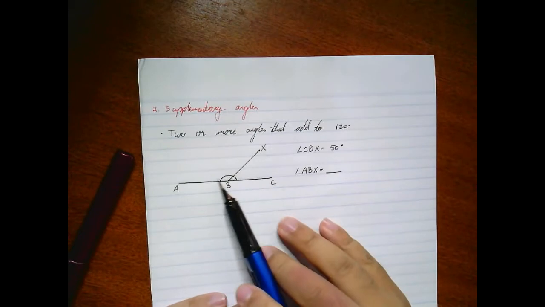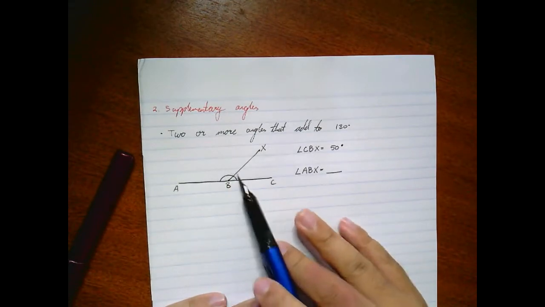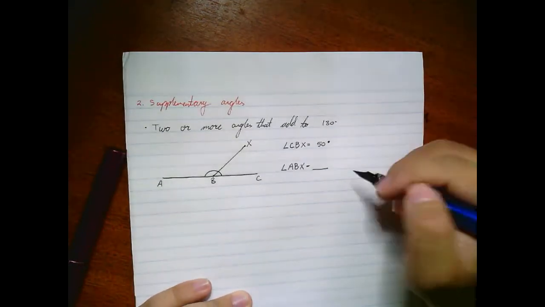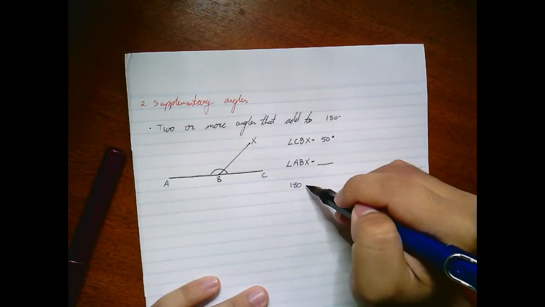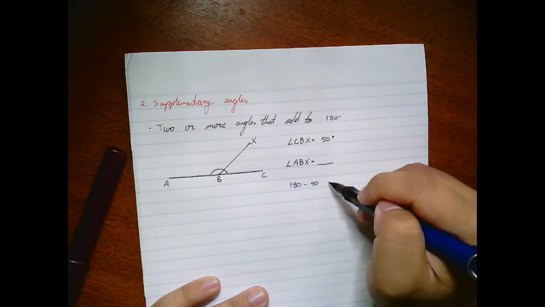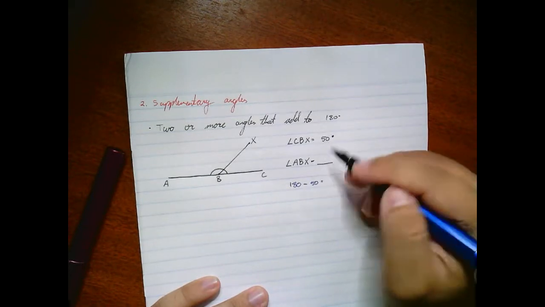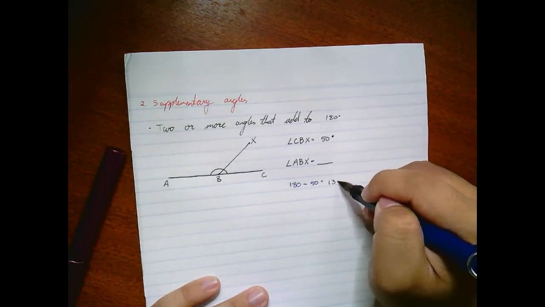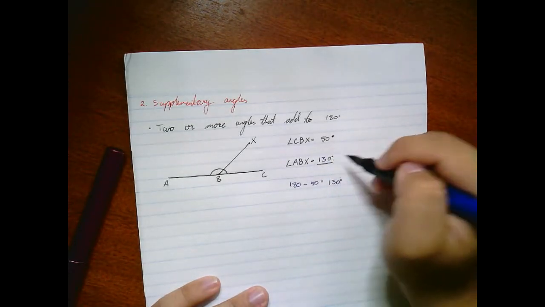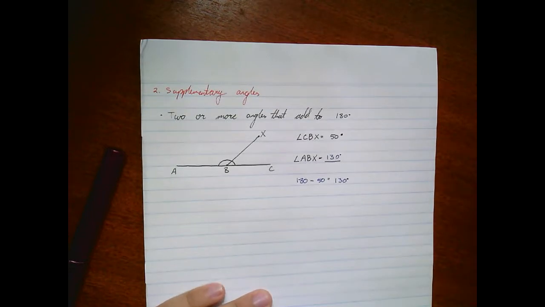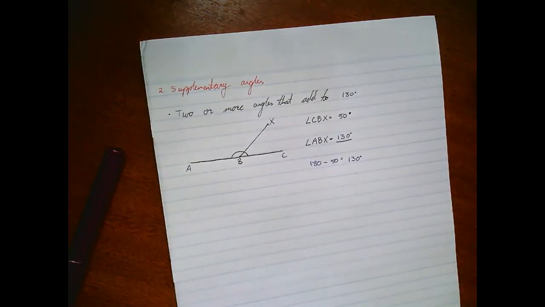Well, since we know that this should all equal 180, we can calculate it by doing 180 minus 50 degrees, which will give us 130 degrees. So ABX is 130 degrees.